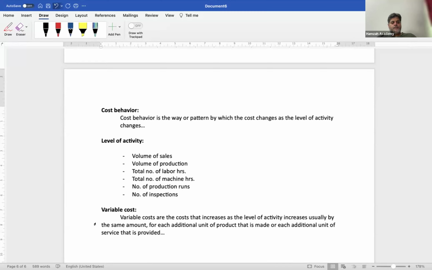So that is what we have overall as the variable cost.